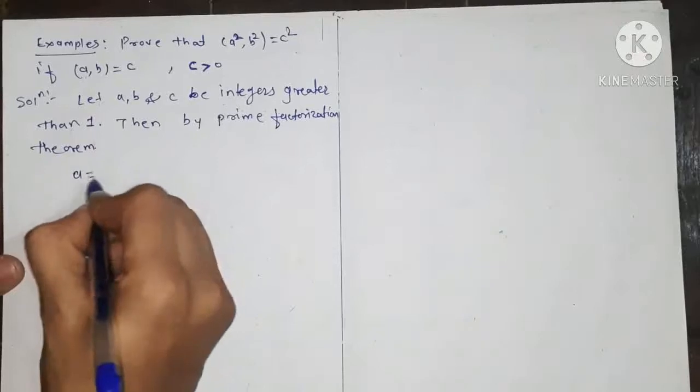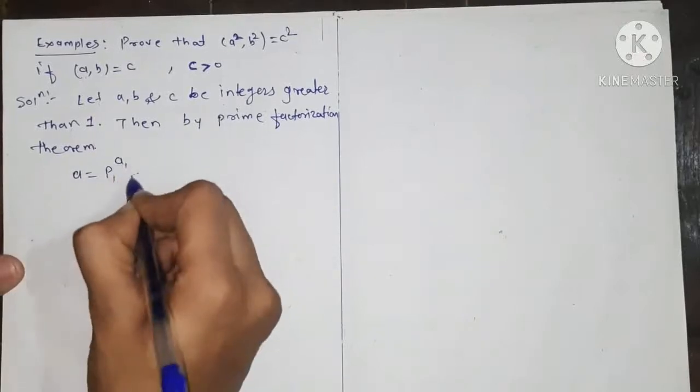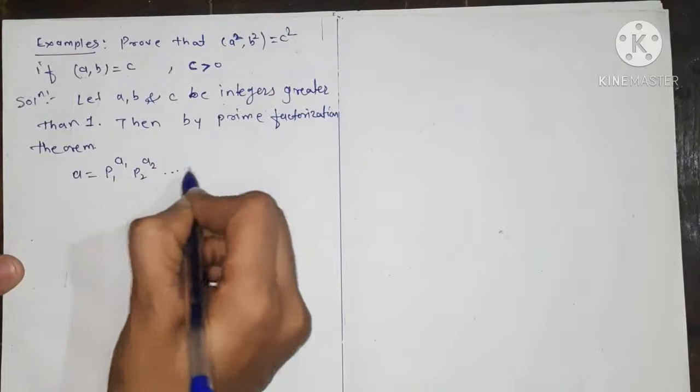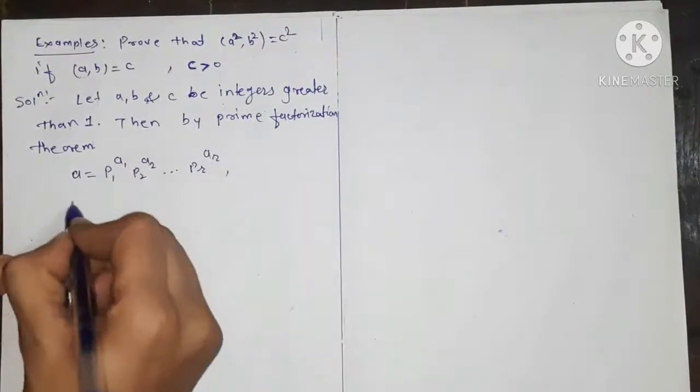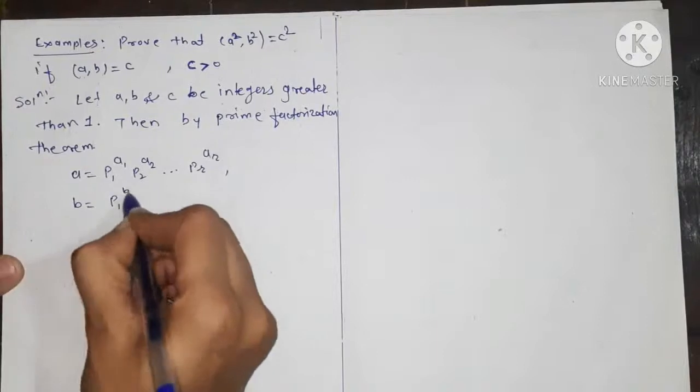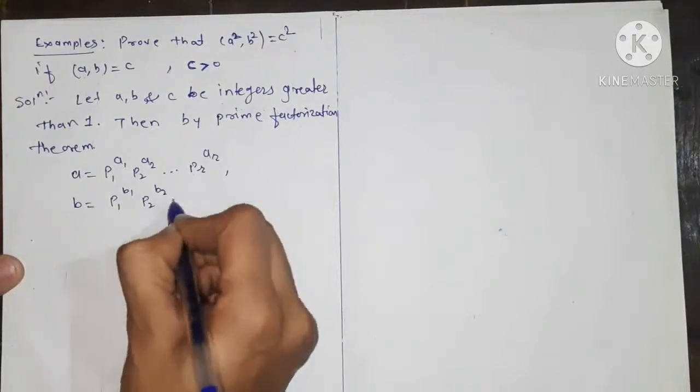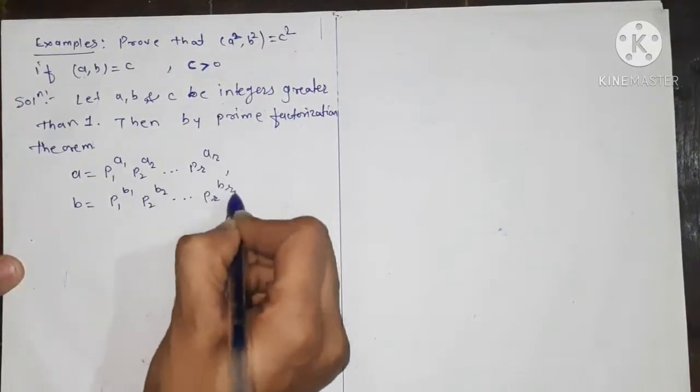So a can be written as p1 to the power a1, p2 to the power a2, and so on, pr to the power ar. Similarly, b is equal to p1 to the power b1, p2 to the power b2, and so on, pr to the power br.